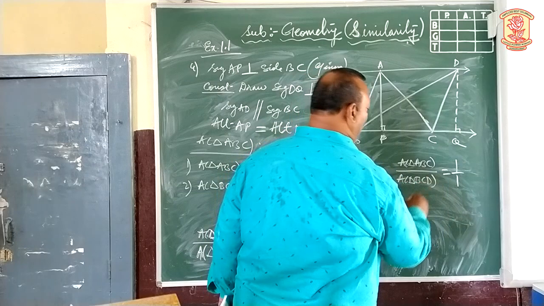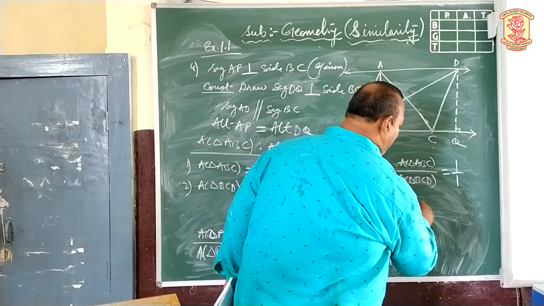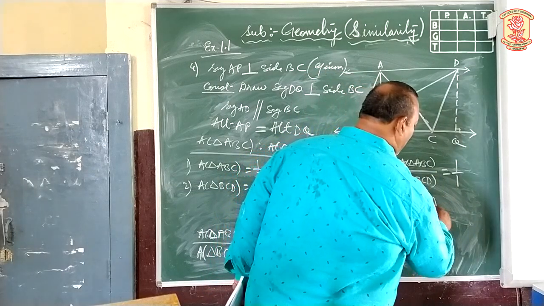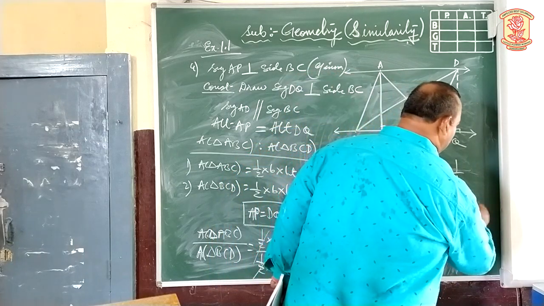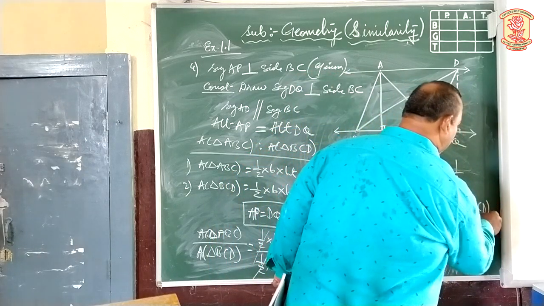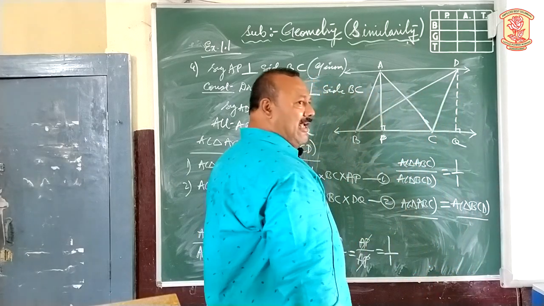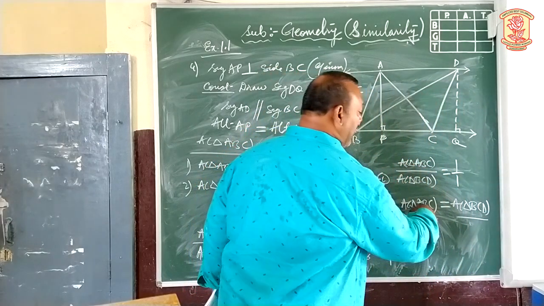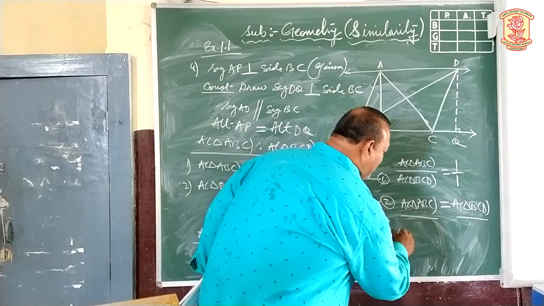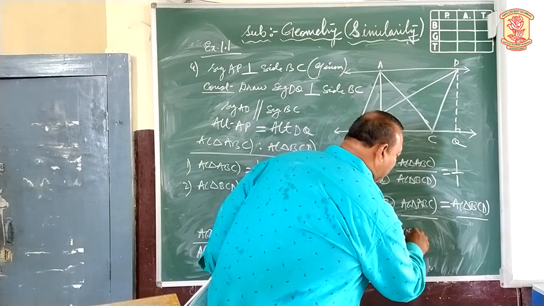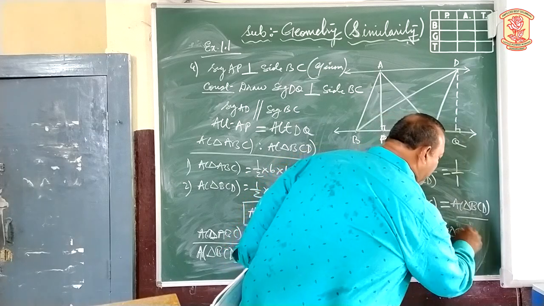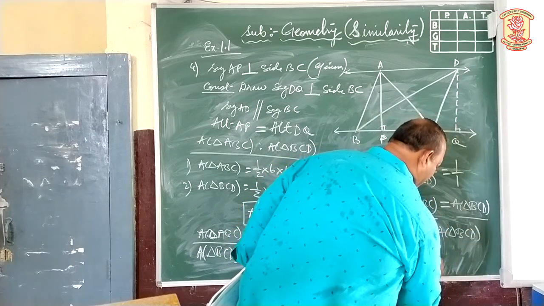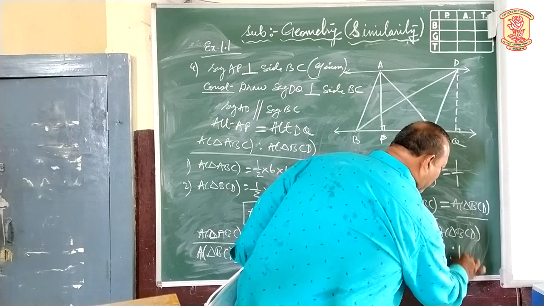And when we make a cross multiplication, we get area of triangle ABC equals area of triangle BCD. Areas are equal, and when we want the ratio of area of triangle ABC to area of triangle BCD, the ratio comes 1:1.